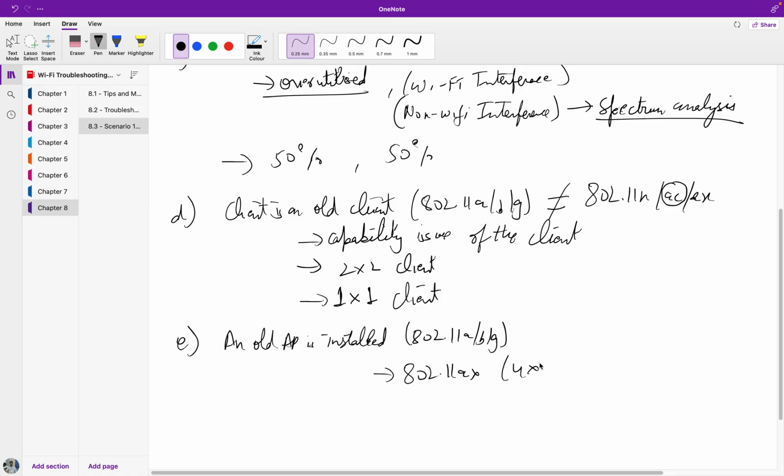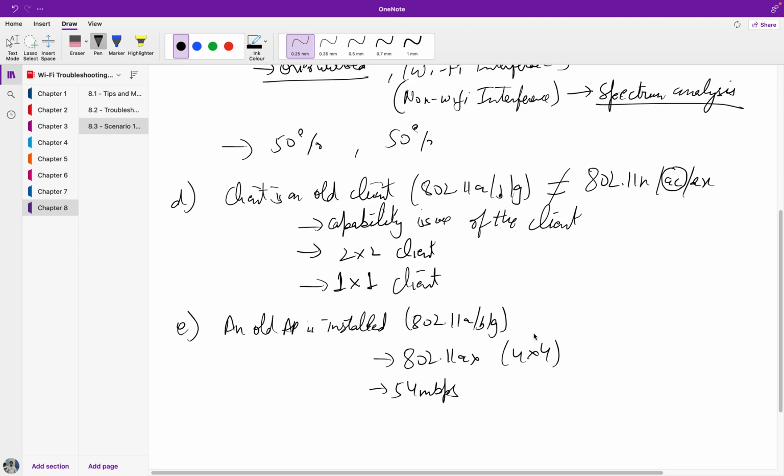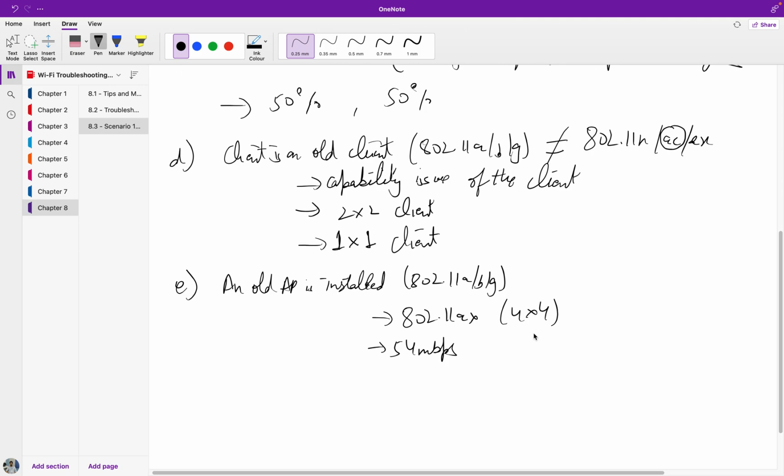It's a 4x4 laptop, and now he gets only up to 54 Mbps because he's connecting on .11a or .11g. That's going to be a concern for the boss because he's just got a brand new MacBook but is only receiving 54 Mbps, and that's going to raise an alarm. He's going to come at you and shout at you, but you need to educate him that your AP is not capable of giving that much out to the client.